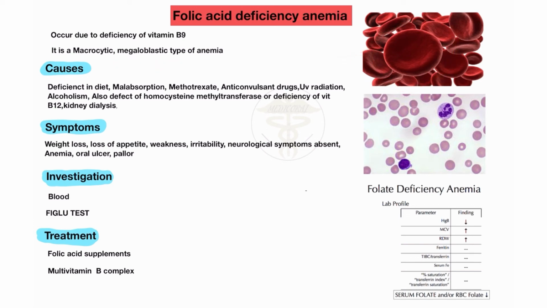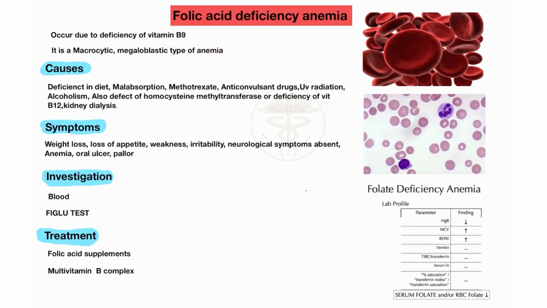What are the causes? The causes of folic acid deficiency anemia are deficiency in the diet of vitamin B9 or B12. B9 deficiency occurs in folic acid deficiency anemia, and B12 deficiency also occurs.